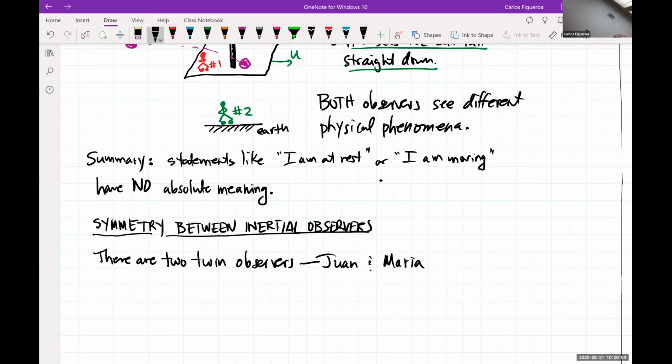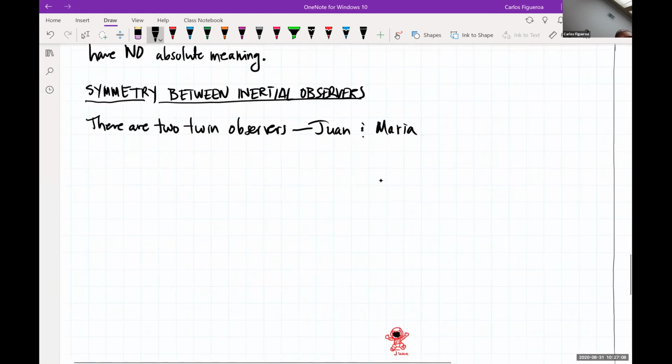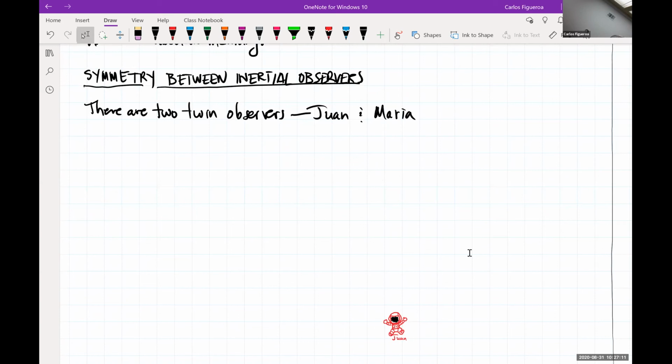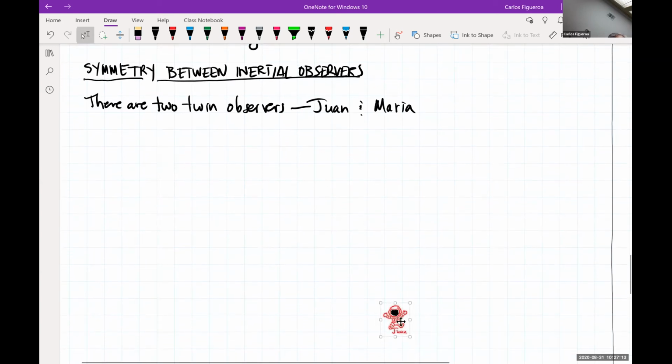And I actually drew some pictures beforehand because I think they're hard to draw. So the idea here in this example for inertial observers is that I have my little Juan right here. And I imagine that Juan's in this red spacesuit, and he's got a red flashing light.